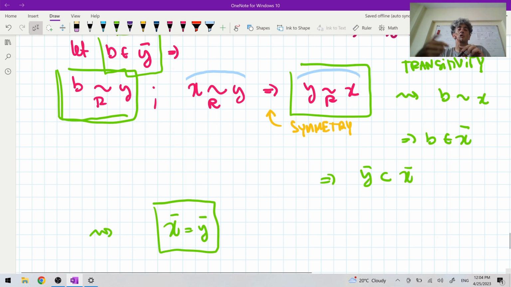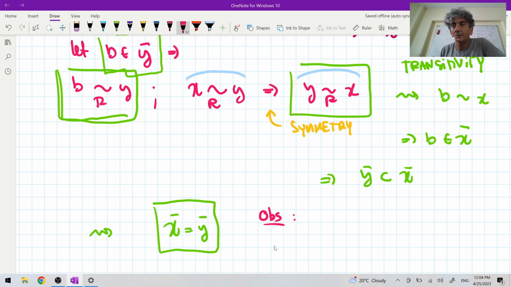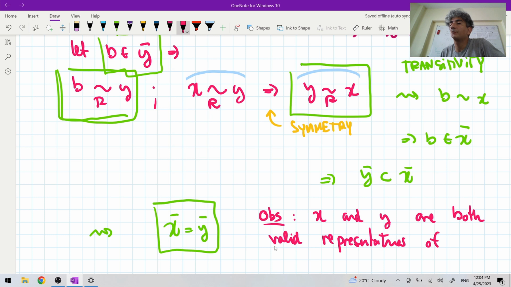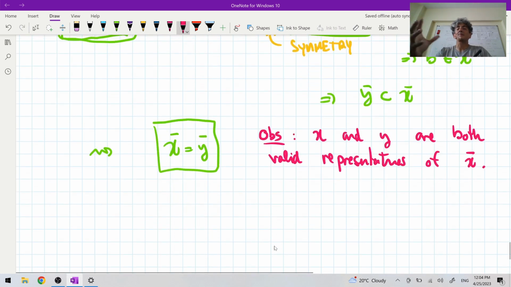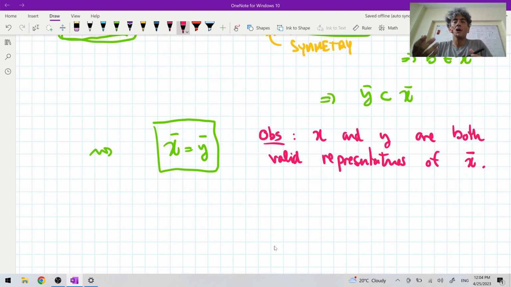Okay, so in this sense, we're going to make an observation here. X and Y are both valid representatives of the class of X. We can say that X and also Y represent the class of X. In this sense, X and Y are somehow melted together in the eyes of R. Now you can say that it's the same class, right?